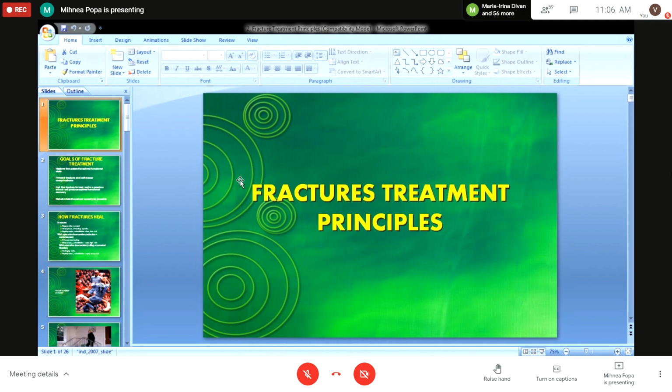And of course, if we have lesions of the cartilaginous tissue, sorry for my English mistakes, we can do an MRI to see exactly how things are there.